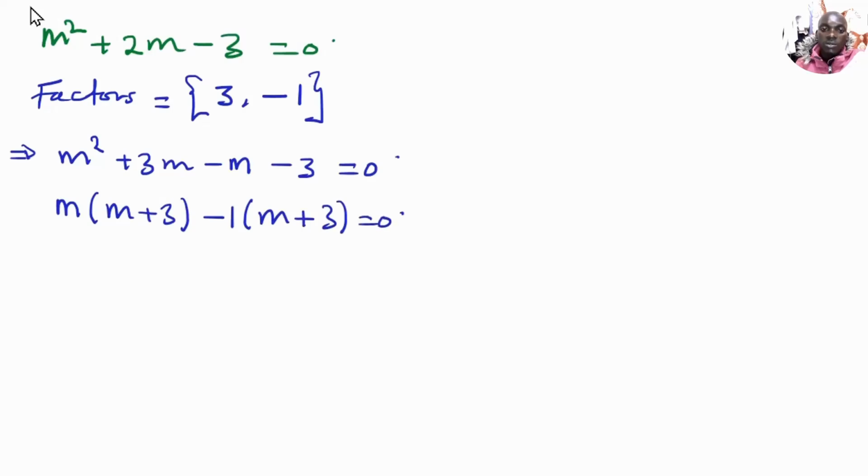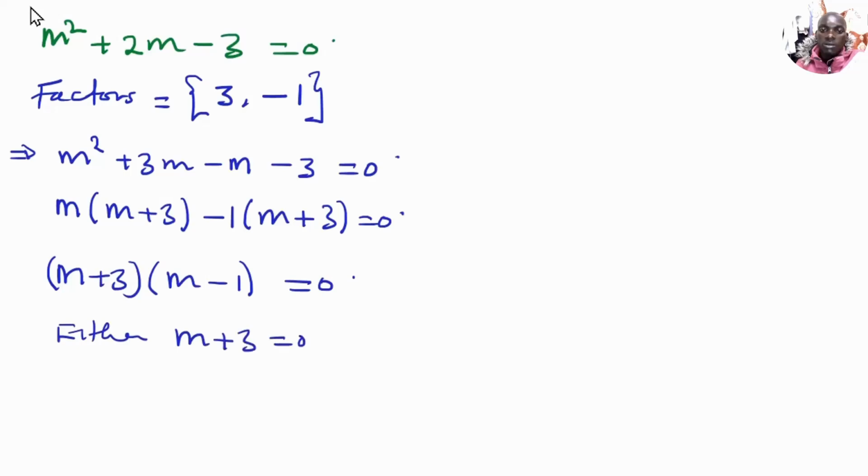Let us factor out m plus 3, which is common. So we have m plus 3 into m minus 1 being equal to 0. So you can see that either m plus 3 equals 0, implying that m equals negative 3, or m minus 1 equals 0, implying that m equals a positive 1.